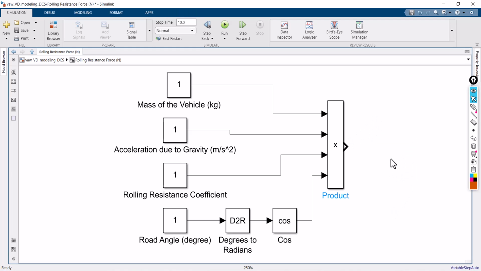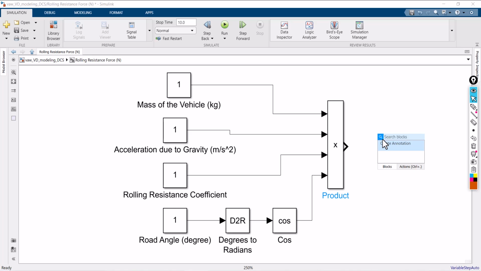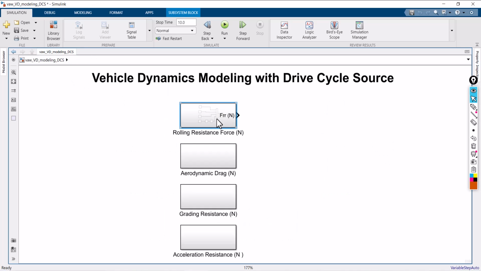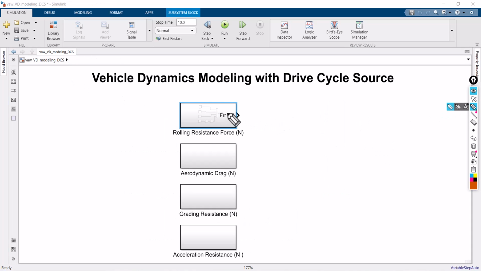Now, if you want to take this signal as output, you can use an out terminal. You can rename it FRR. Now you can see that the rolling resistance force is available as output.